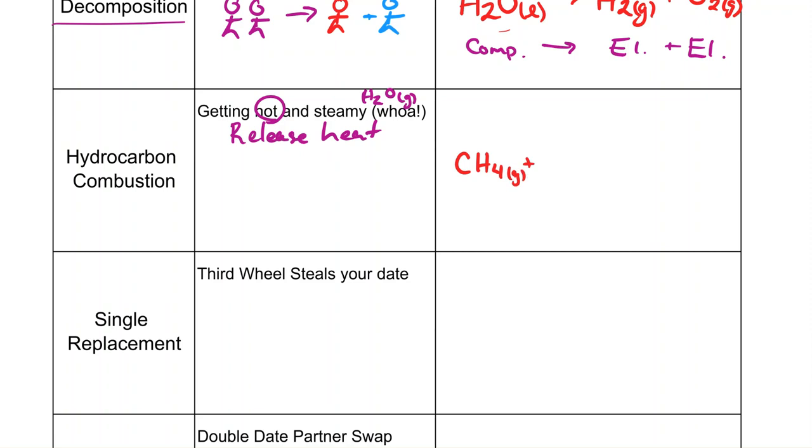And when I react methane with oxygen in the air, I'll show you a video of this in a couple days, I will always get carbon dioxide and water vapor. Always, always, always. So that's a reaction. I'm not going to draw much here for hydrocarbon combustion for the analogy, but that's okay.